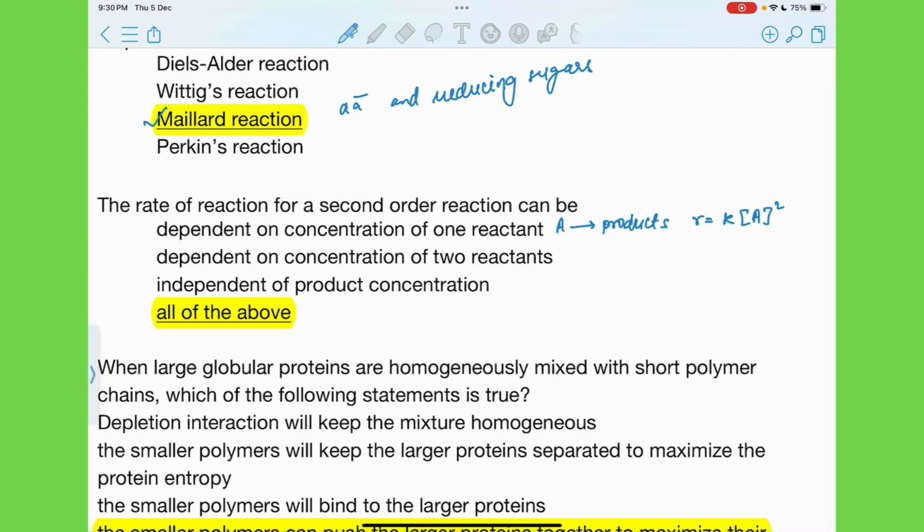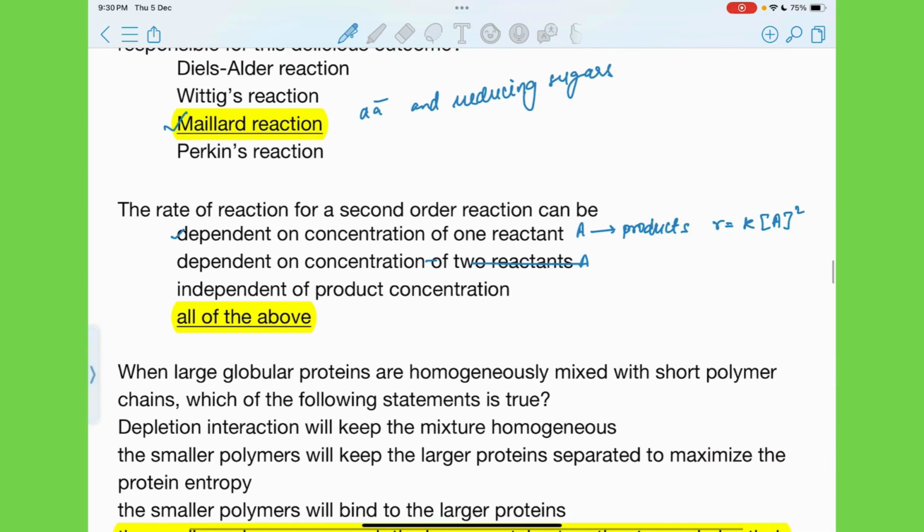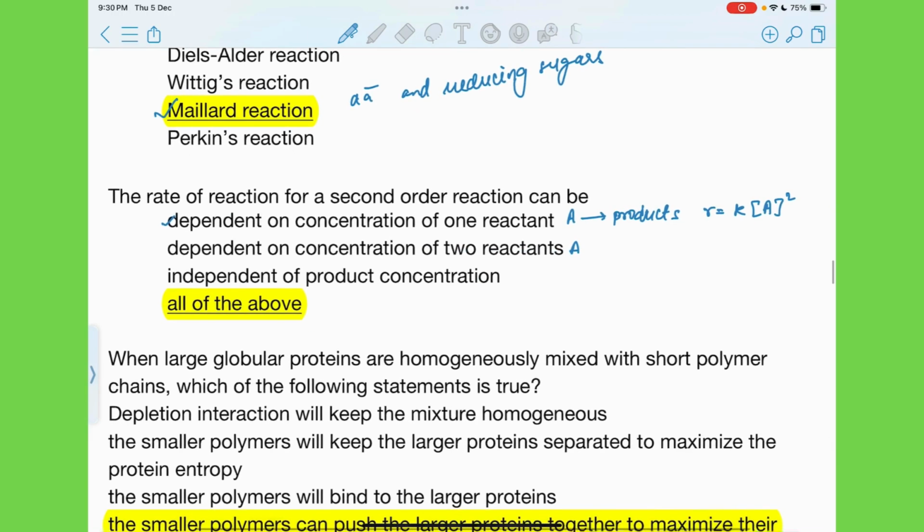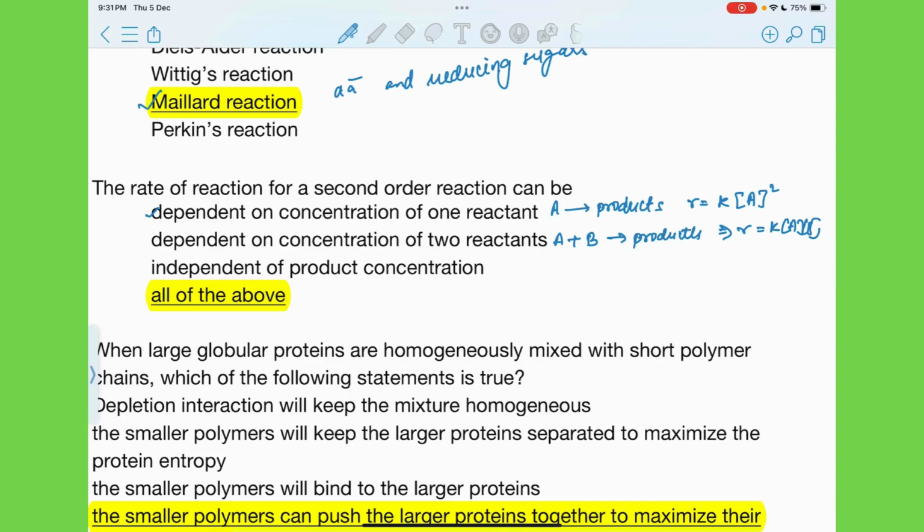So it's true. Dependent on the concentration of two reactants. So if there are two reactants, sorry for this, A plus B, which give the products, so the rate of the reaction will become K into A into B. So yes, dependent upon the two reactants.